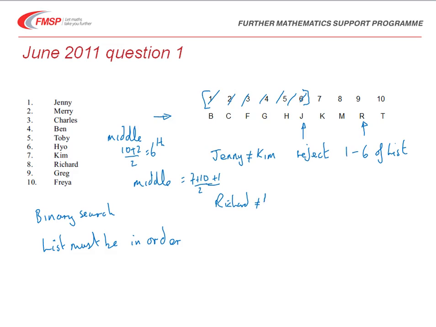Well, Richard is not equal to Kim. In fact, Kim would be in the list beforehand, so we reject from Richard, which is 9 up to 10.